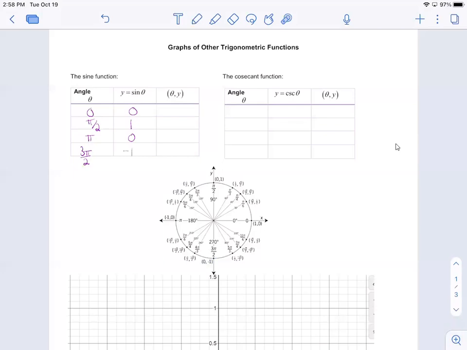If you completed that revolution, you'd be here again, and again you'd spit out 0, because remember, sine is periodic, so it will start to repeat itself. So these are the coordinates that we'll plot: input 0, output 0. Input pi over 2, output 1. Input pi, output 0. Input 3 pi over 2, output -1.